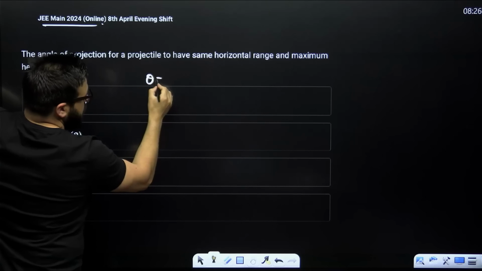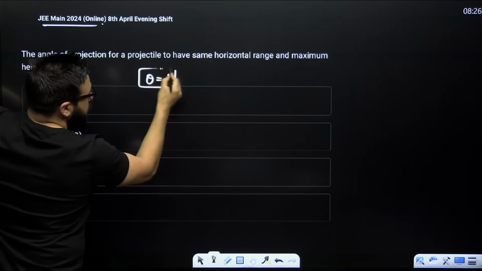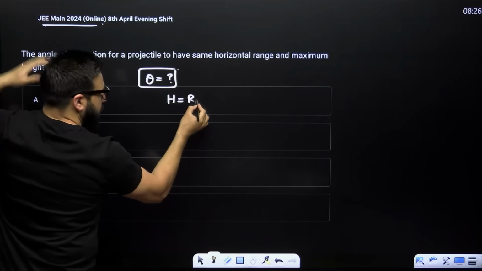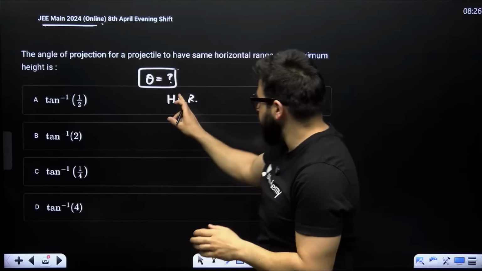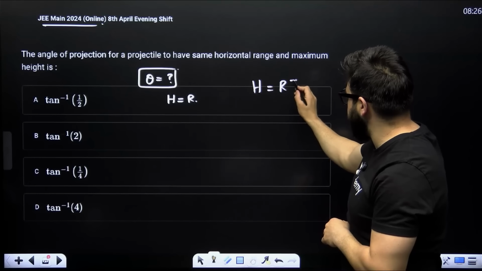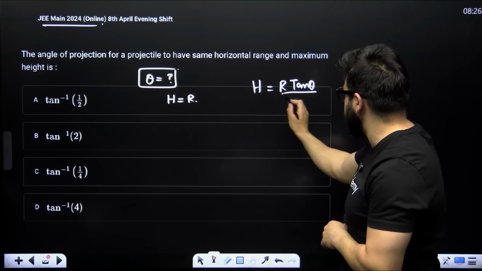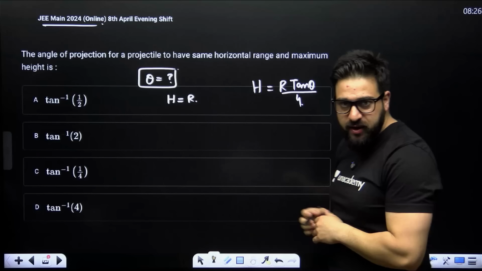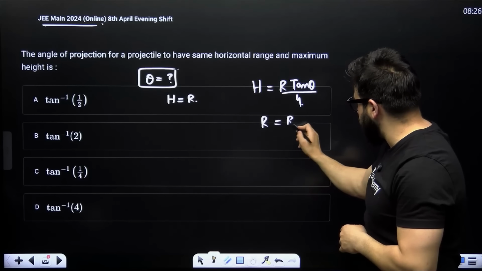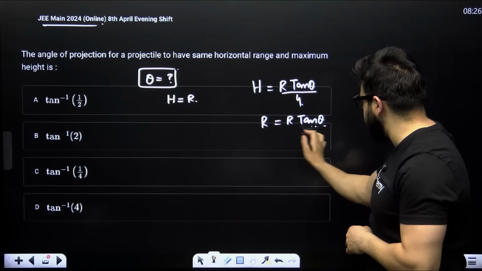We have to find the value of theta if a projectile is launched which has the same horizontal range as maximum height. Basically, range and height are given as the same. We will be using H is equal to r tan theta divided by 4. We have to find the angle of projection, at what angle you have launched. So you'll be putting over here r is equal to r tan theta divided by 4.